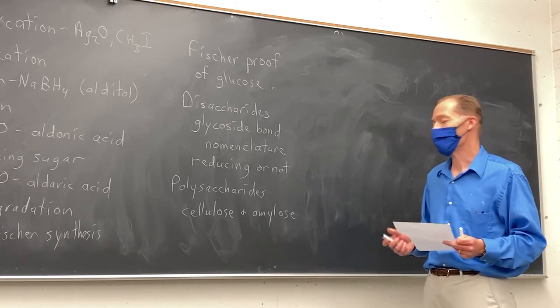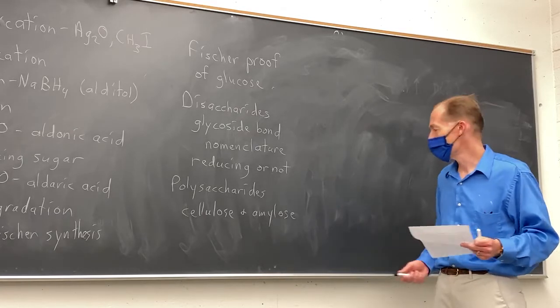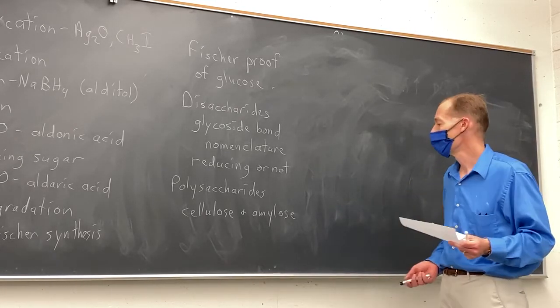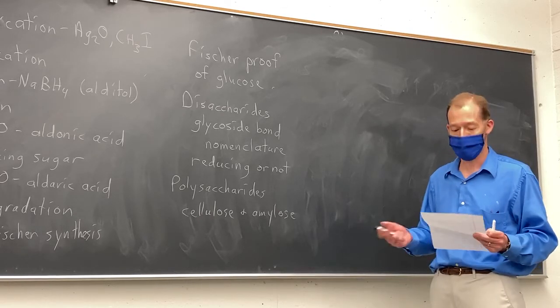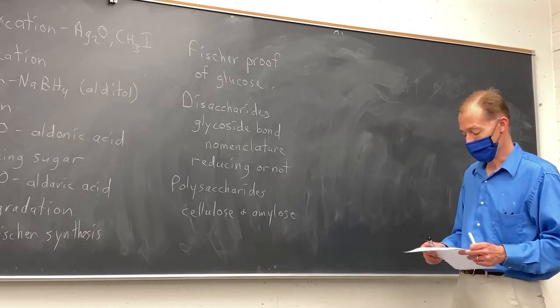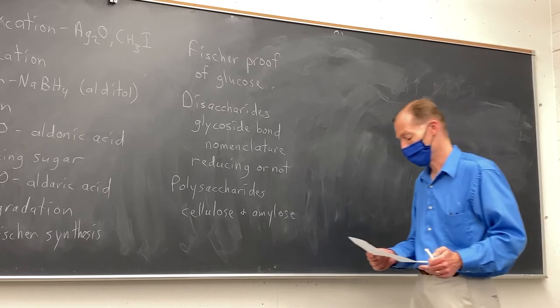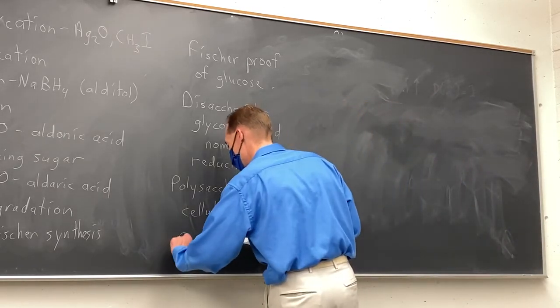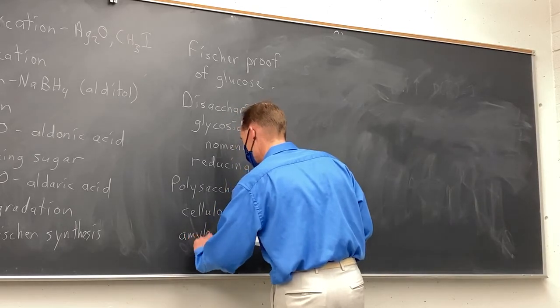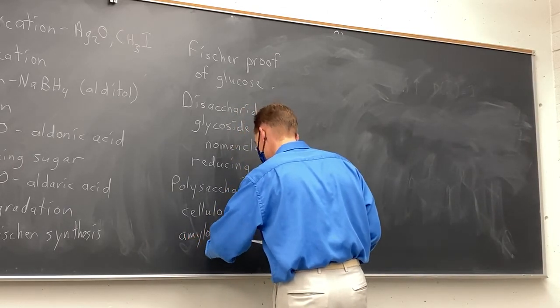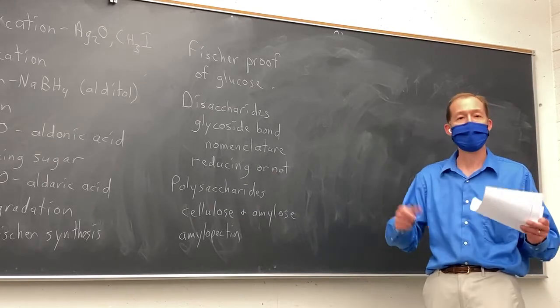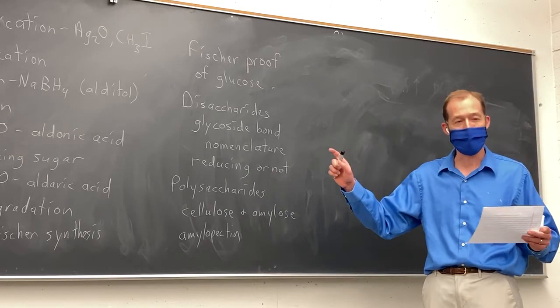It makes cellulose insoluble in forming fibers. It makes amylose soluble and forming these coils. And so connecting those structures to the functions is important with those polysaccharides. There's a couple of other related polysaccharides you should be familiar with. Amylopectin, I remember amylopectin has branches, so it's like amylose with branches off of it.